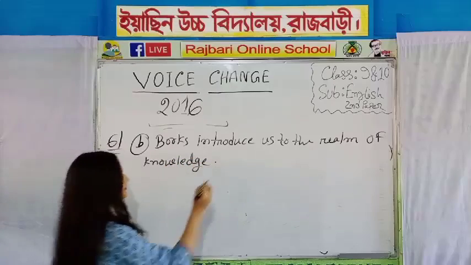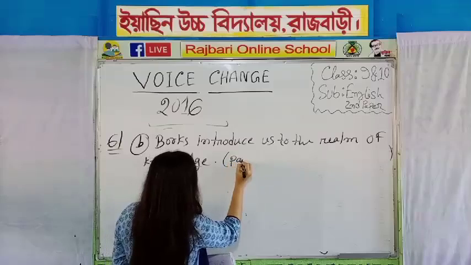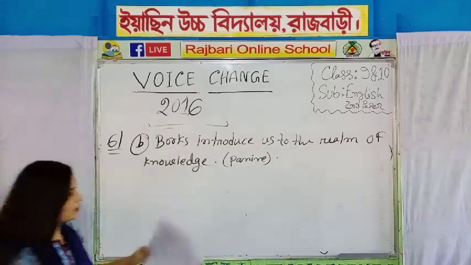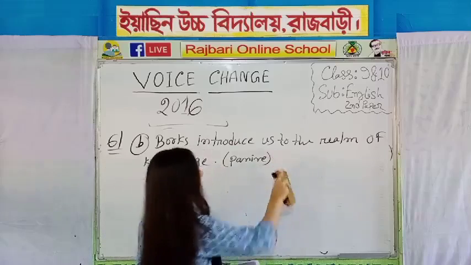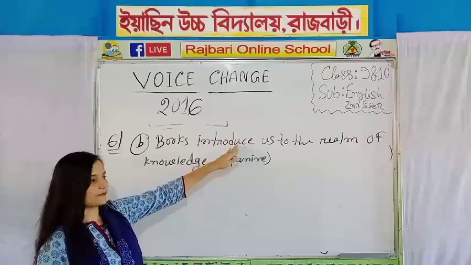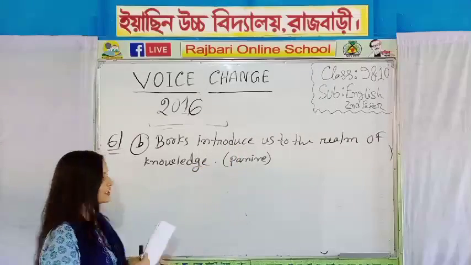You have to do it in passive voice. Done. Sorry, it will be no full stop here. Okay. So this sentence was in active voice. You have to do it in passive voice.